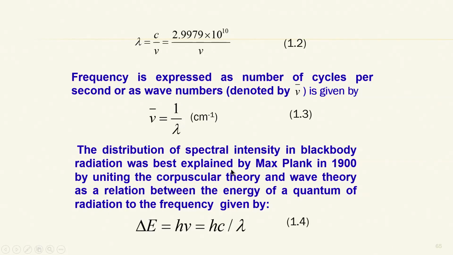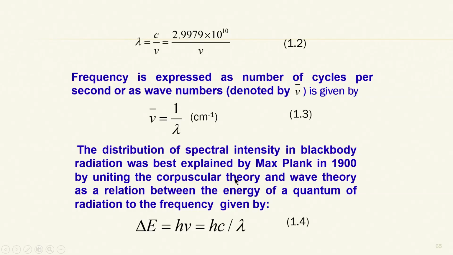So, the distribution of spectral intensity in black body radiation was best explained by Max Planck in 1900 by uniting the corpuscular theory, that is assuming that electromagnetic radiations also contain particles.